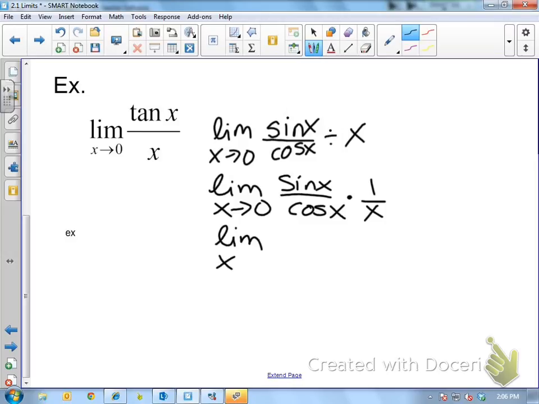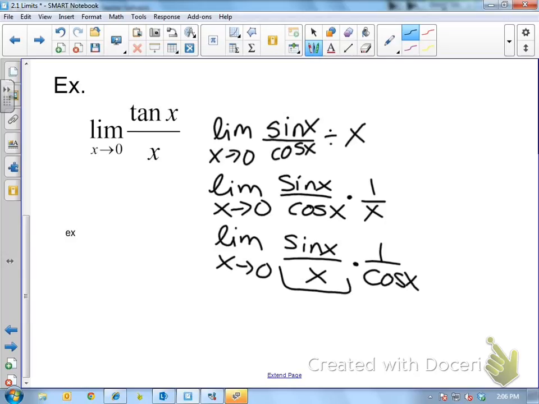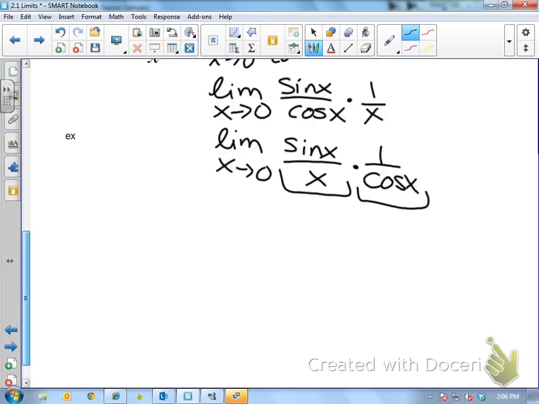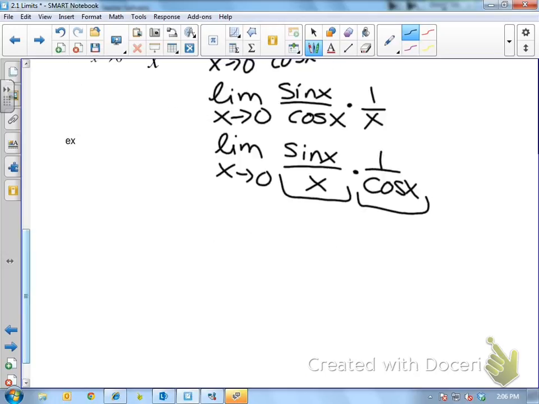So I'm just going to switch the cosine and the x. And then according to our properties we learned, I can take the limit of each piece individually. What's the limit of sine x over x? 1. That's our new thing we have to have memorized.